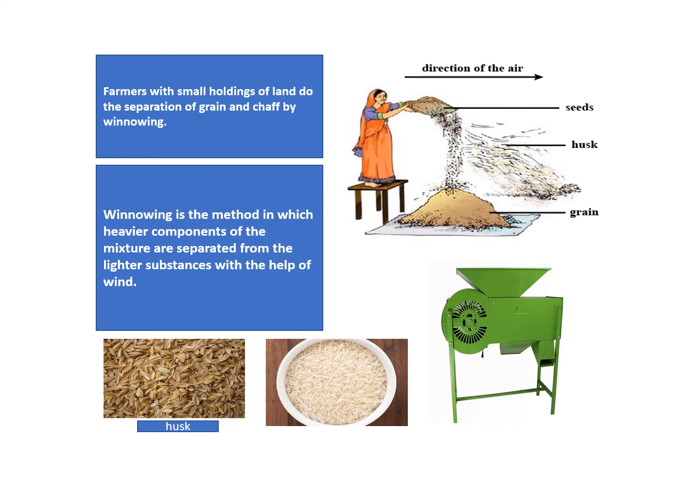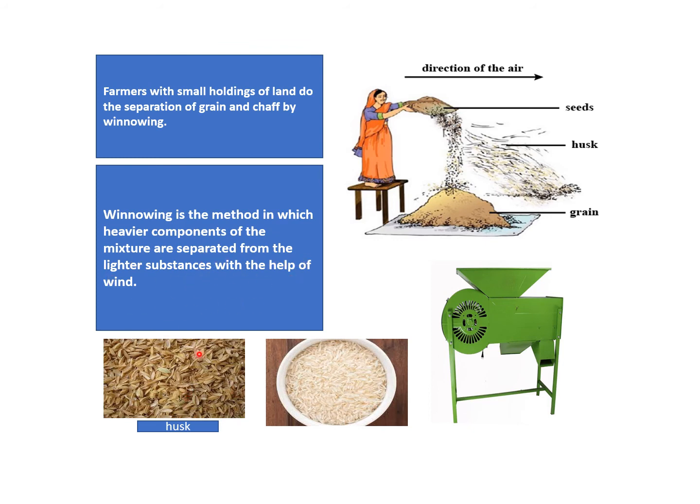And there is another process which is known as winnowing. Farmers with small holdings of land separate the grain and the chaff by winnowing. You can see in the picture, the woman is doing winnowing. What is winnowing? It is a method in which heavier components of the mixture are separated from the lighter ones with the help of wind.